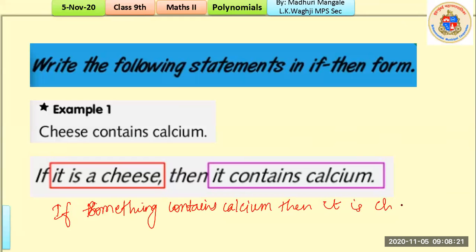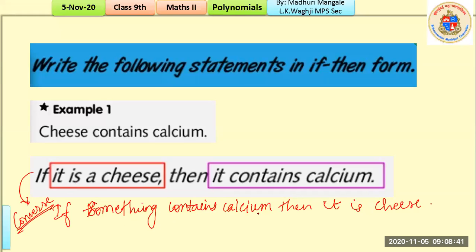Is it true? Is it true always? So we are looking at how to convert this into converse form, and we are just looking at if the converse is always true. If some eatable contains calcium, then it is cheese.